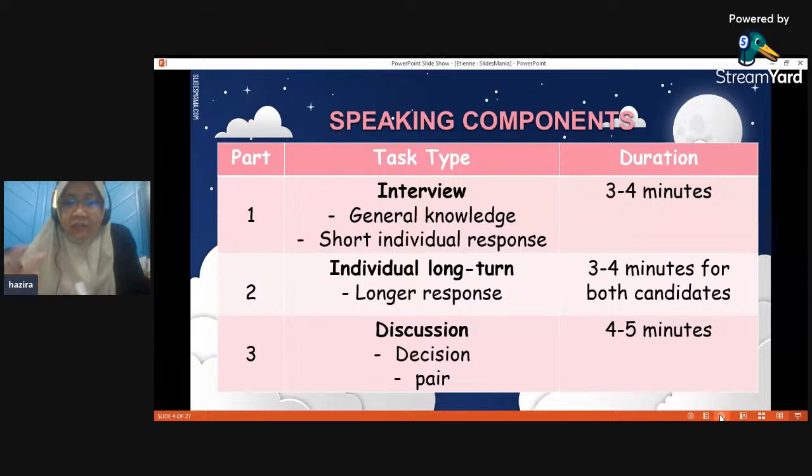The first phase is just a general introduction, and the second is focused on a specific theme, for example, your daily routines, your activities, all the basic things.